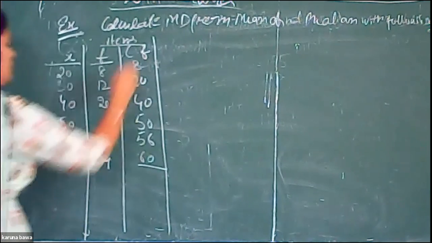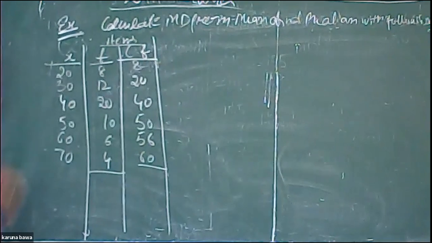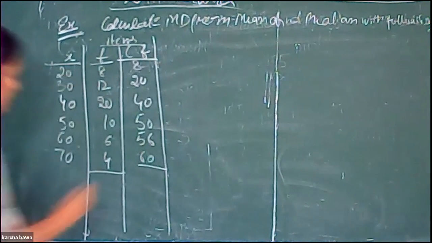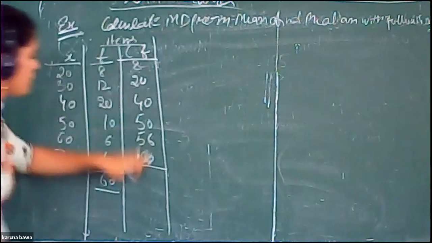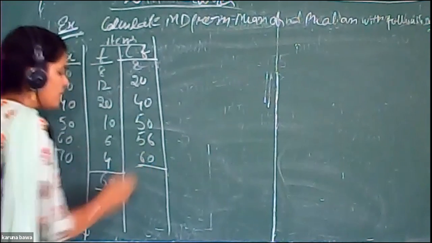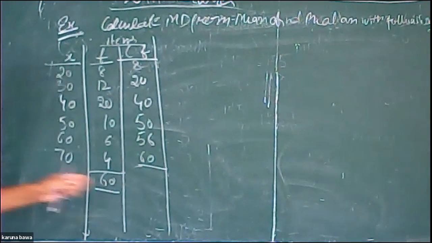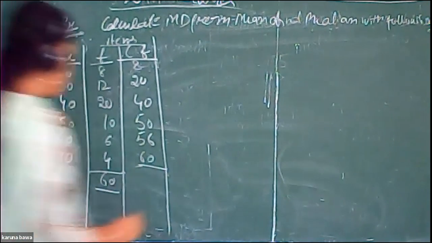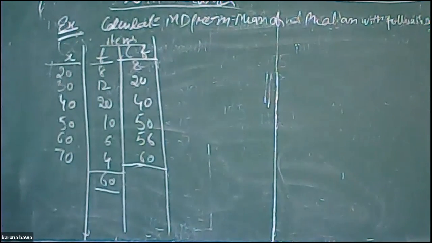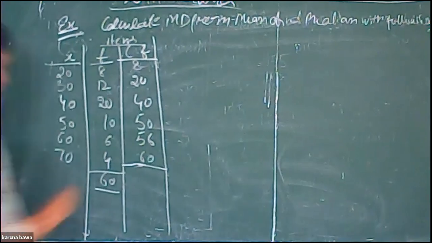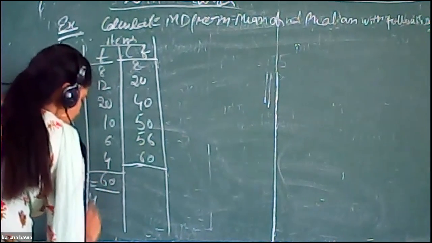Basically, this is the cumulative frequency. The total of the frequency has the same value as the cumulative frequency, so the last cumulative frequency is equal to n, which is 60.